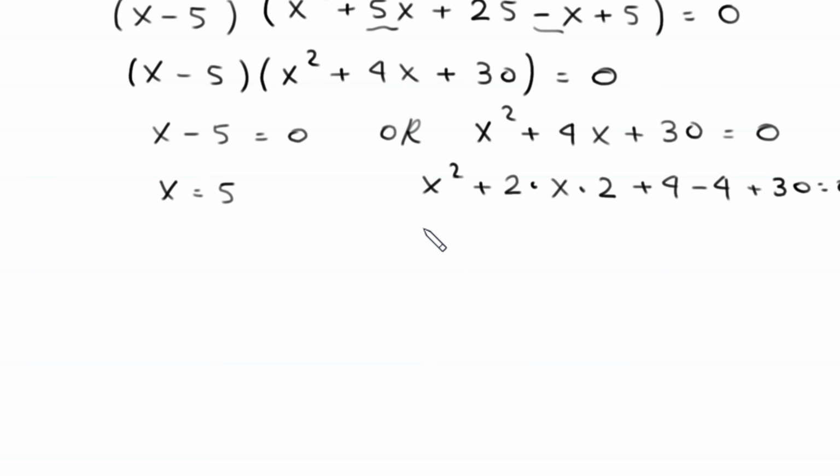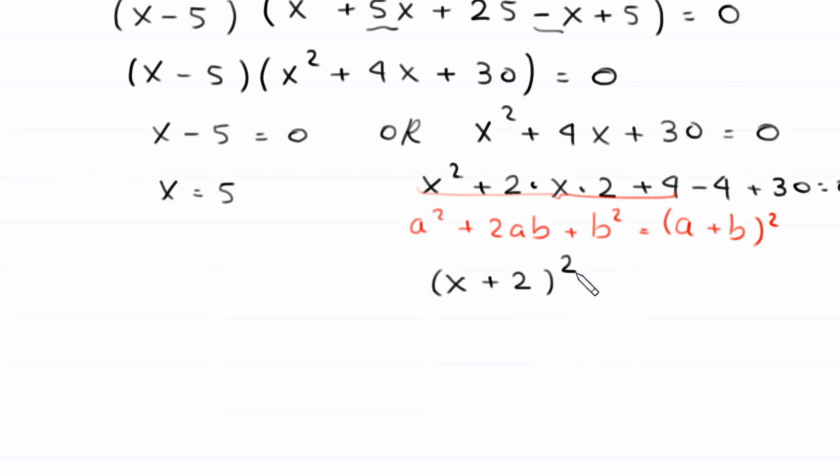By using this algebraic identity, a squared plus 2ab plus b squared equal to a plus b whole squared, this x squared plus 2 times x times 2 plus 4 will become x plus 2 whole squared, and negative 4 plus 30 will become plus 26 equal to 0. Move this 26 to the right hand side. This will become x plus 2 whole squared equal to negative 26.